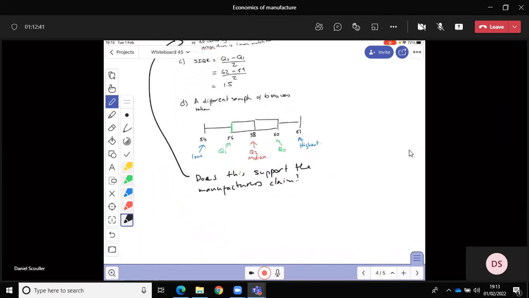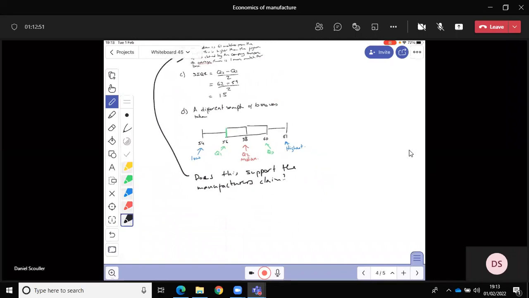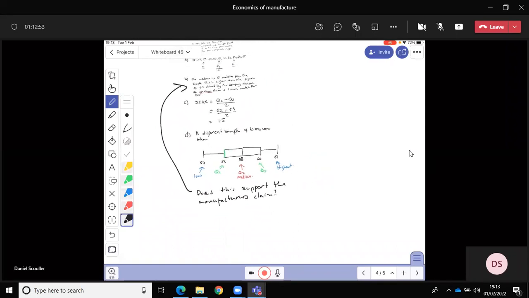So on average, it's two matches per box lower. So it doesn't support the manufacturer's claim because the average is lower. And that's all it's looking for there.